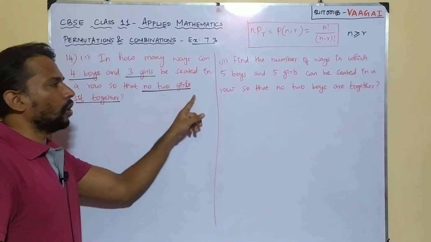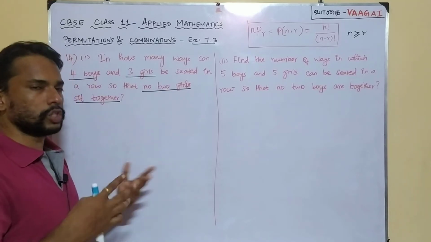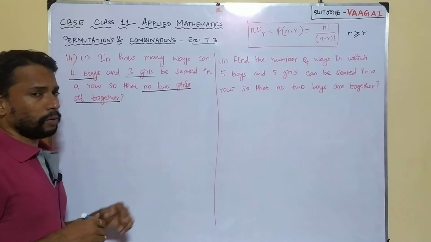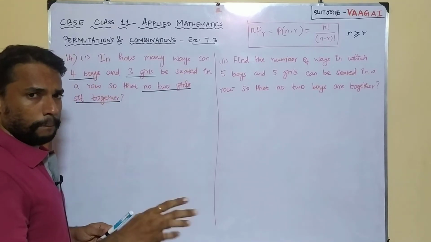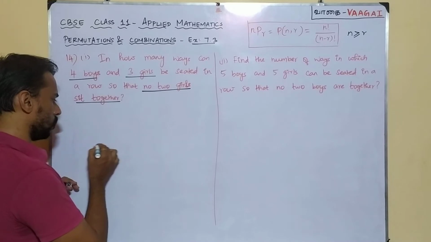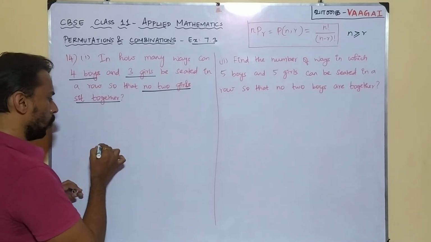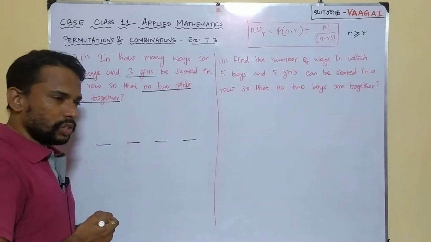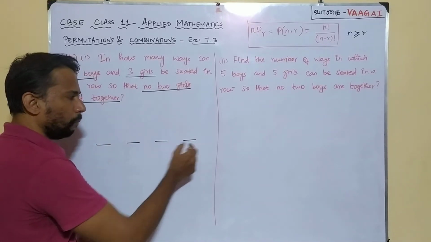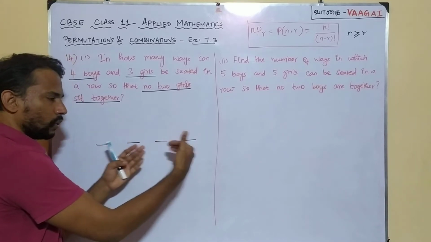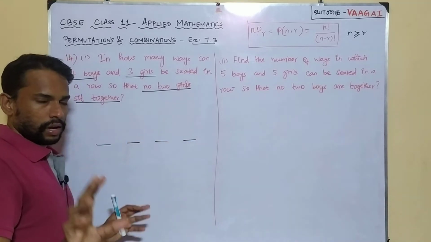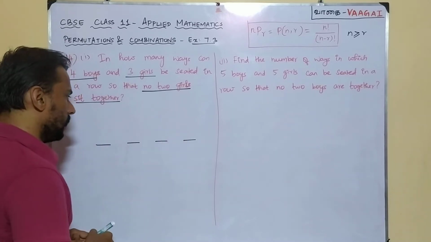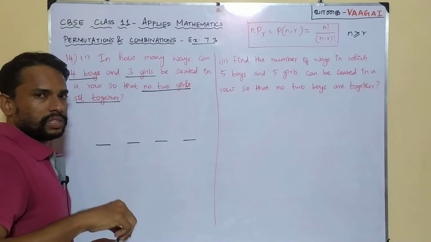Since no two girls should sit together, we will first go for the boys. There are 4 boys, so just make 4 empty slots, 1, 2, 3 and 4. Make sure you have enough space between the boys' slots. Don't make them very close, because I have a reason. So this is how we make the 4 boys seated first.